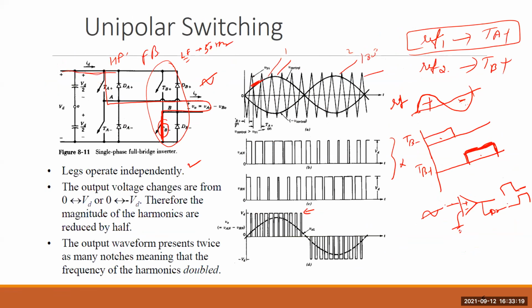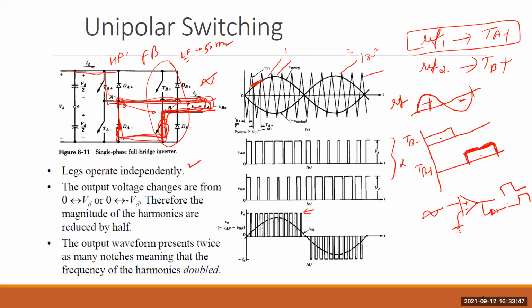And what happens when the switch is off? This current, which was flowing this way, because it is inductor current, will still flow this way, but through this diode now, like this. Which means what is the voltage now? Earlier voltage was VD, but now the voltage is 0, short circuit through switch and diode.